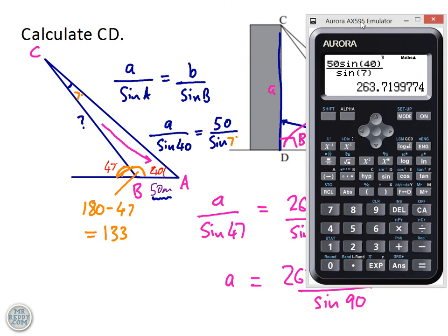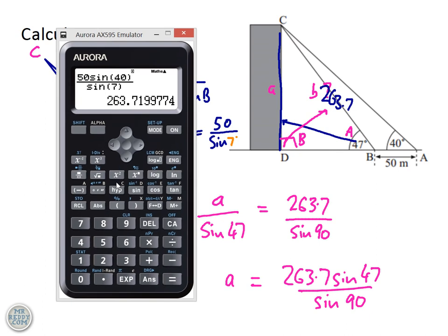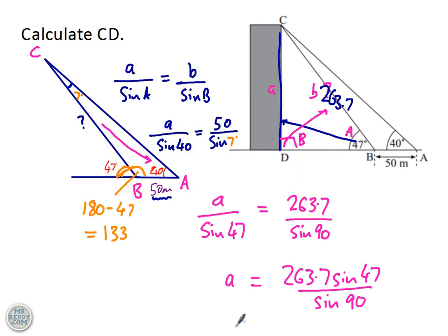So you get, brackets, answer times sine 47 close brackets divided by sine 90 close brackets equals 192.9. So A equals 192.9 meters to 1 decimal place.